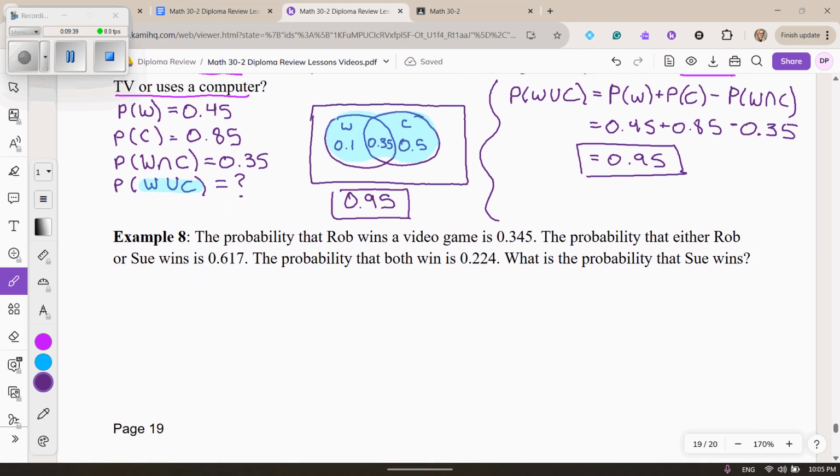The next example says the probability that Rob wins a video game is 0.345. The probability that either Rob or Sue wins is 0.617. The probability that both win is 0.224. What is the probability that Sue wins? Just like the last question, there's a lot of information here, so let's represent it using symbols. The first one says the probability that Rob wins is 0.345.